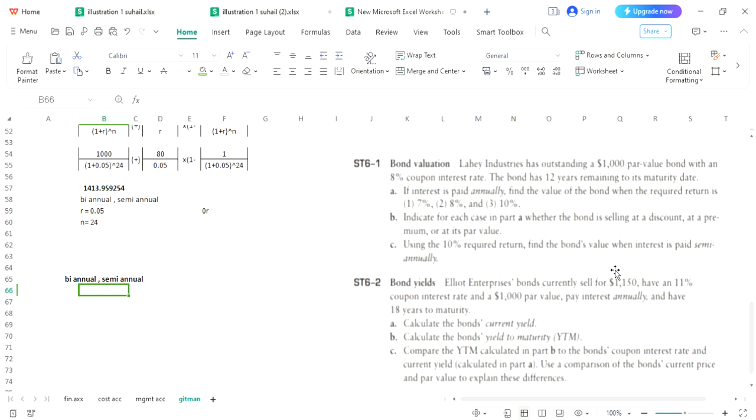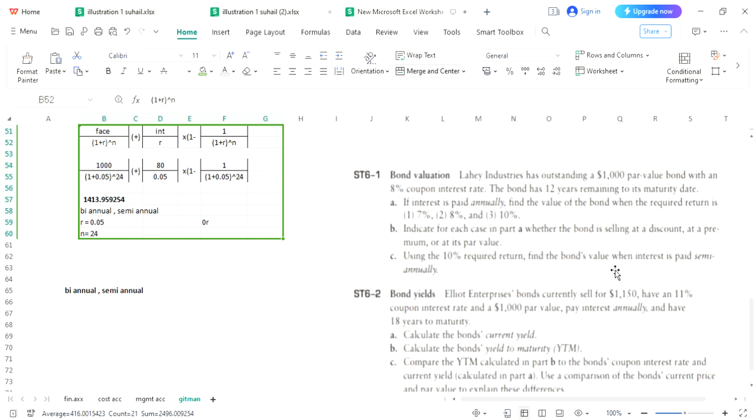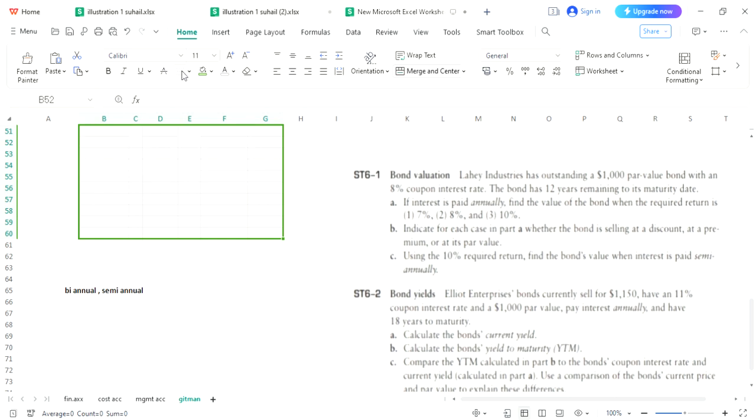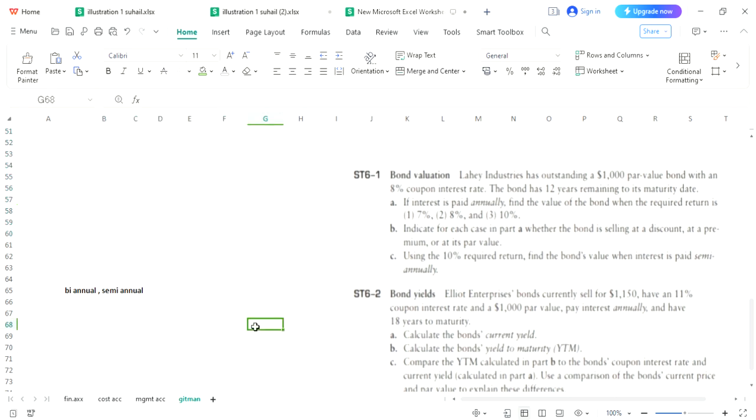Now what we will do, we have calculated our question with 10% already, and we need to use the same thing. As you can see, we will erase it and use the same formula for calculation of the value of bond, but with the help of biannual or semi-annual.